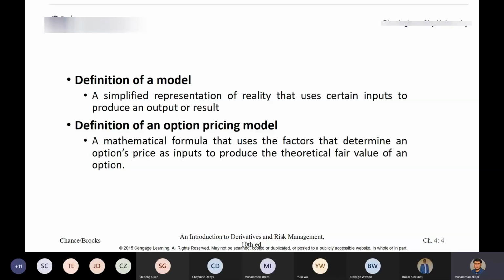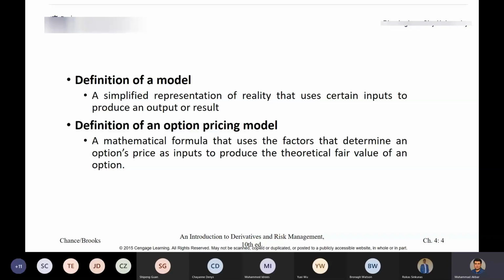So what are you doing? When you value the share of a company using the dividend discount model, you are trying to present a simplified picture or analysis of the valuation of a company by saying that the price or value of the stock of a company is equal to the present value of all its future cash flows.